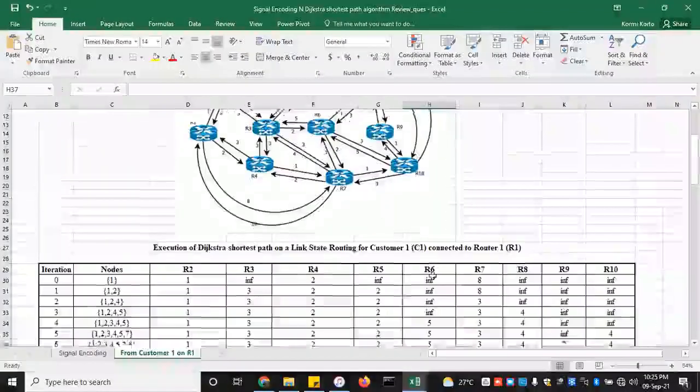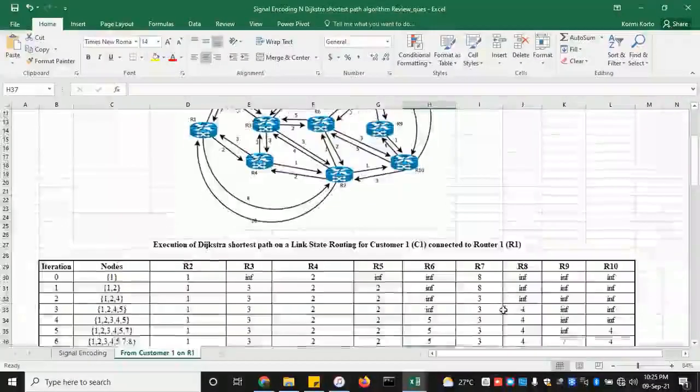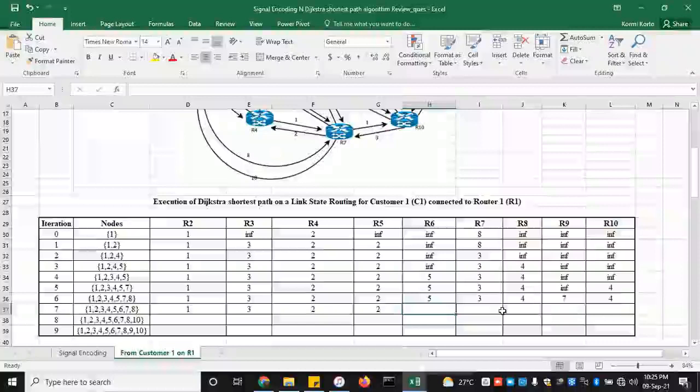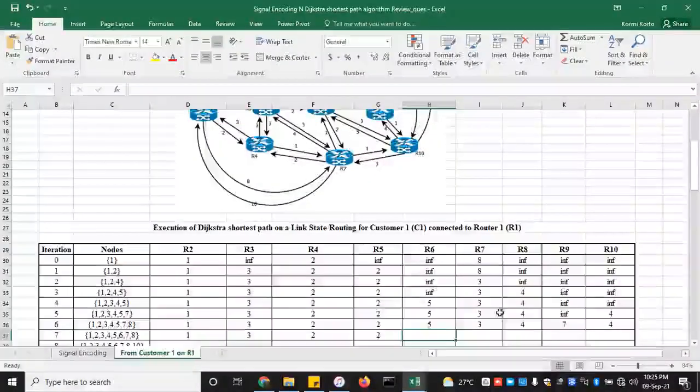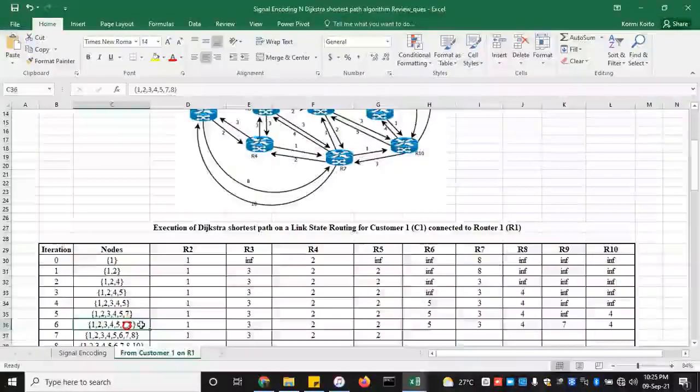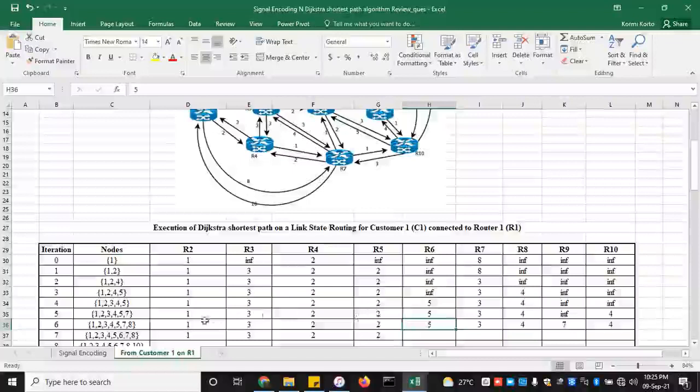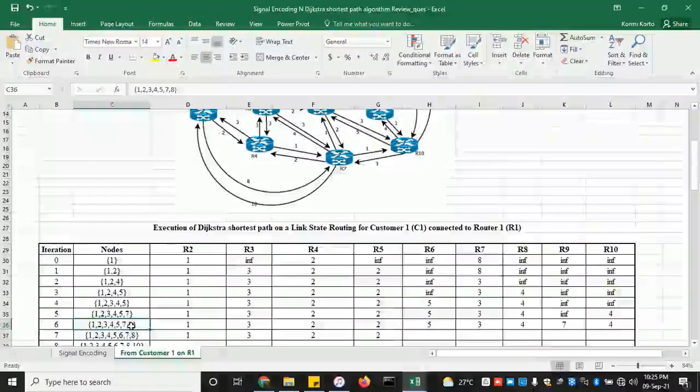6 will still have... wait, I think when we included 8, 7 and 8, this should have changed. Let's go back to the seventh iteration when we had 7 and 8 inclusive.